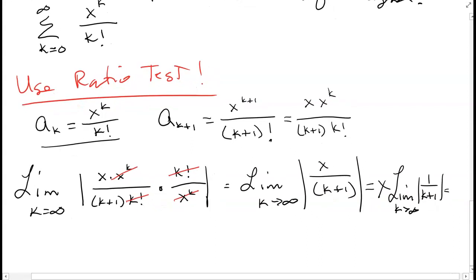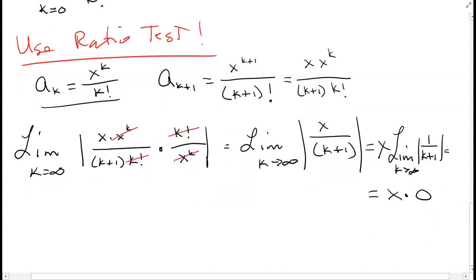All right, we're just taking the 1 over k. So you know what the limit is, if you put in infinity, you get 1 over infinity, which comes out to 0, of course. So this is going to end up being x times 0.